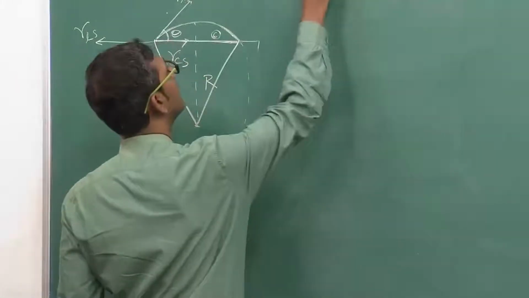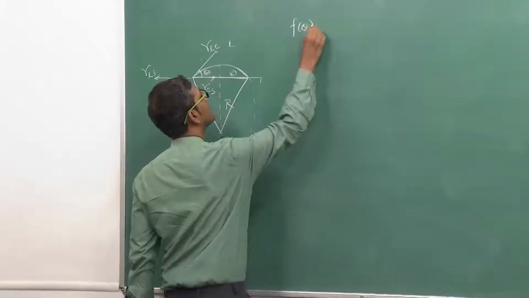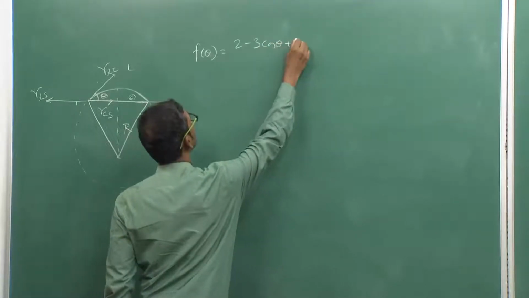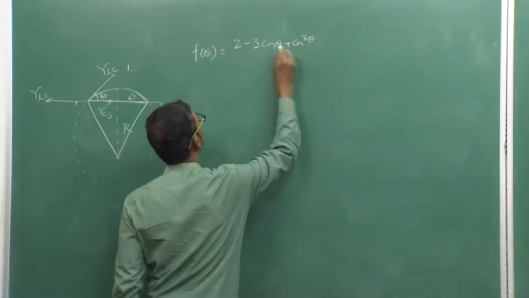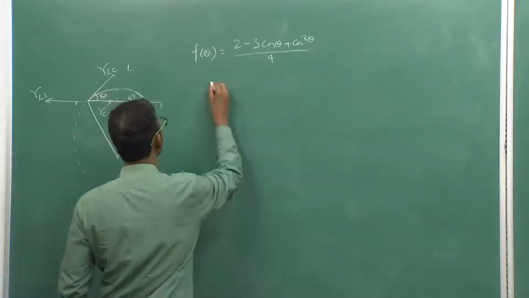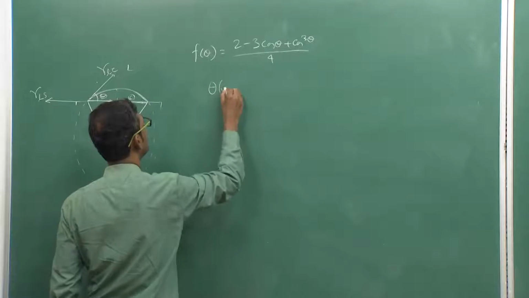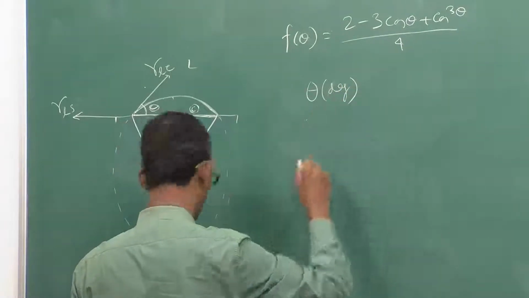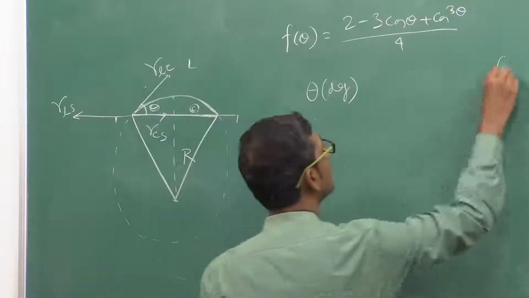So f theta is (2 minus 3 cos theta plus cos cubed theta) by 4. These are the values of theta in degrees, and this is the value of f theta.